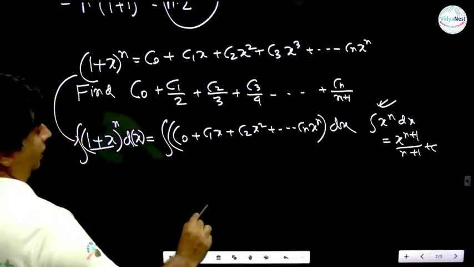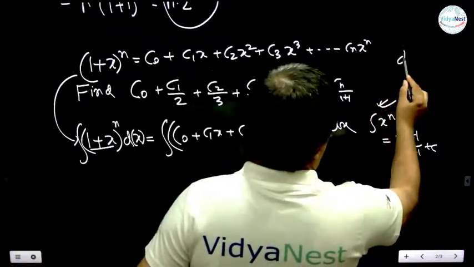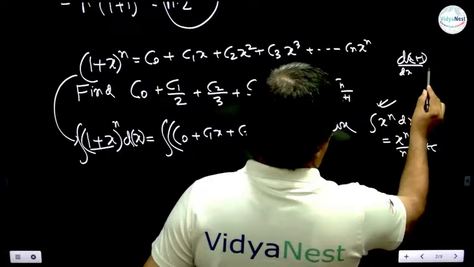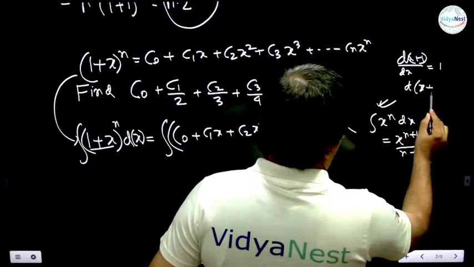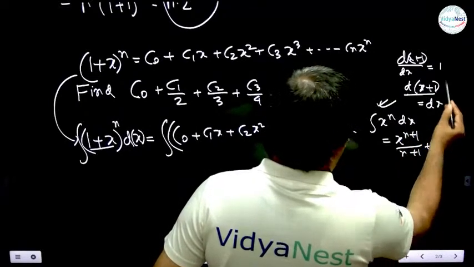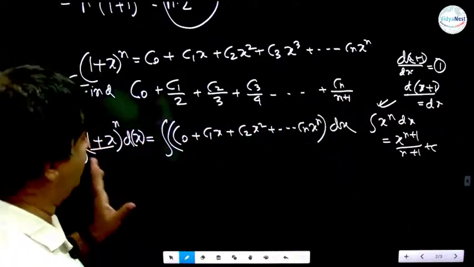So we can directly write, see one thing, suppose if you are differentiating d(x plus 1) with respect to x, you will get 1. So differential of x plus 1 is same as dx, because if I cross multiply, I will get d(x plus 1) is equal to dx.